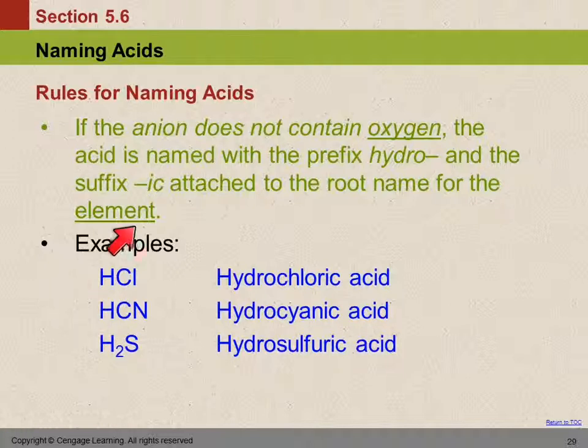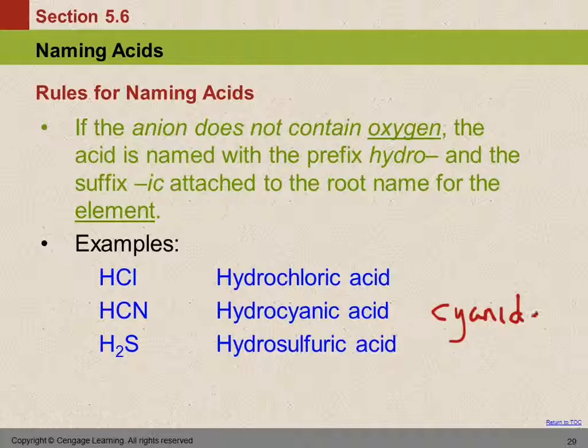So we look at HCl, starts with an H. This is chlorine. So we put the prefix hydro on it, hydrochlorine, but we change the ending to -ic acid. So hydrochloric acid. This is a weird one. CN, if you look that up in the table, that is cyanide.